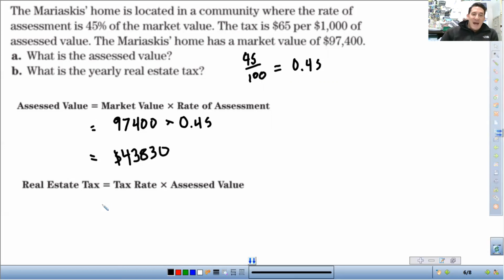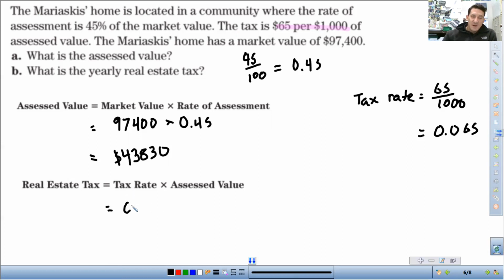So the real estate tax is the tax rate times the assessed value. The tax rate is this $65 per $1,000, so you need to figure that out first. I'm going to calculate that off to the side here. What you're going to do is 65 divided by 1,000. That'll give you the mills, so it's going to be 0.065.